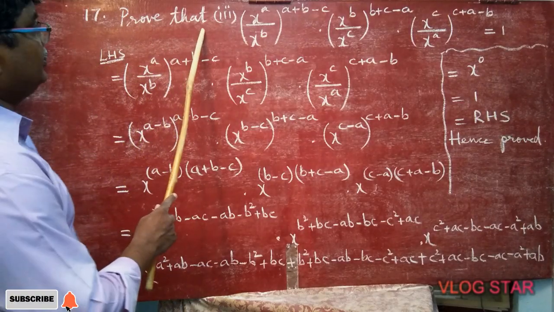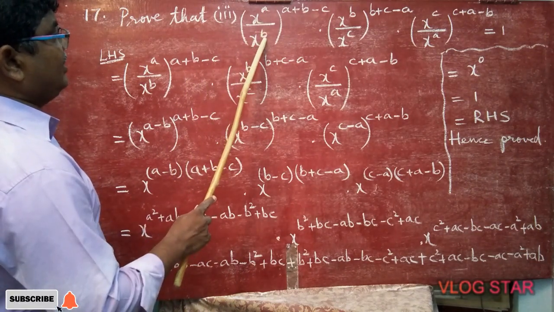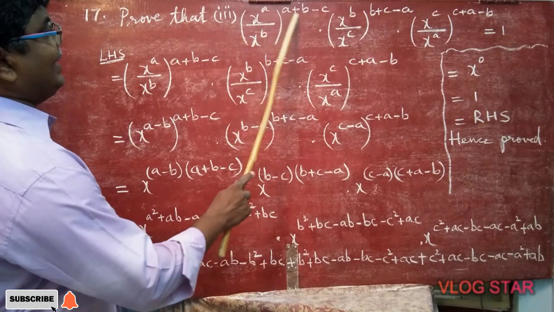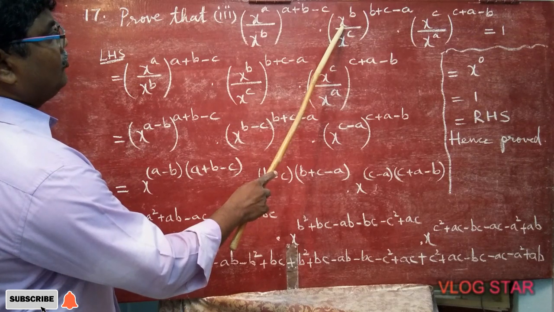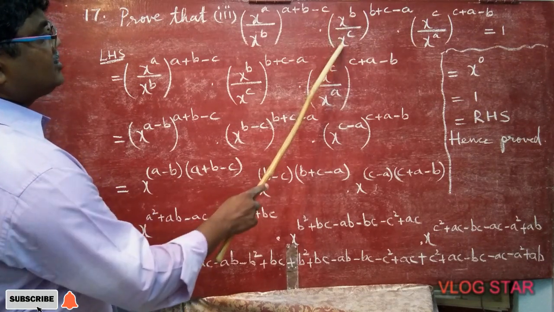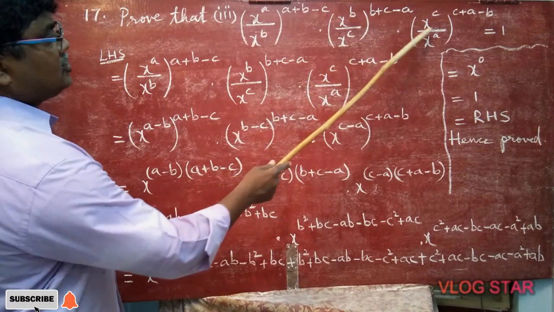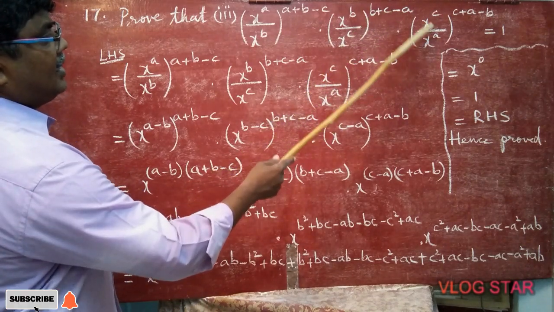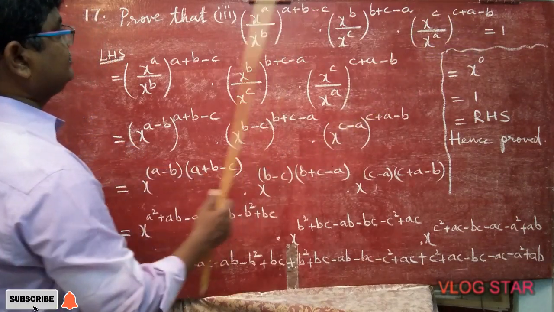Seventeenth problem. Prove that (x to the power of a by x to the power of b) whole to the power of a plus b minus c into (x to the power of b by x to the power of c) whole to the power of b plus c minus a into (x to the power of c by x to the power of a) whole to the power of c plus a minus b is equal to 1.